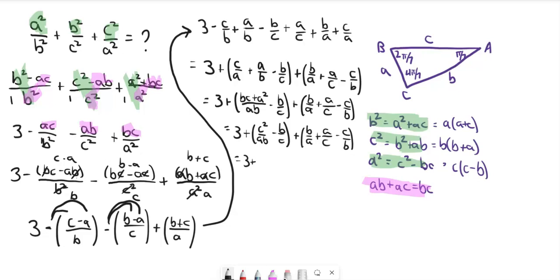So c squared plus ab, that was b squared plus ab all over ab minus bc.